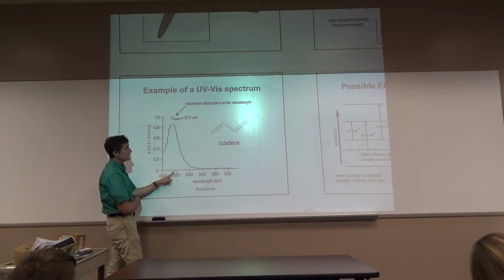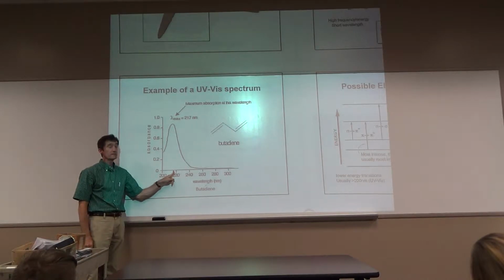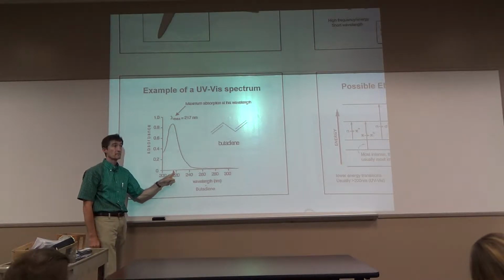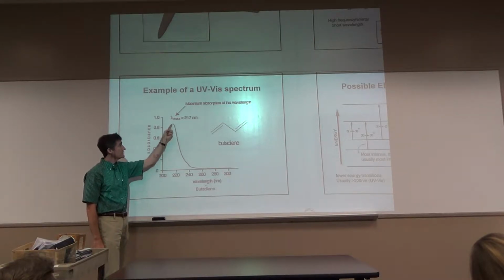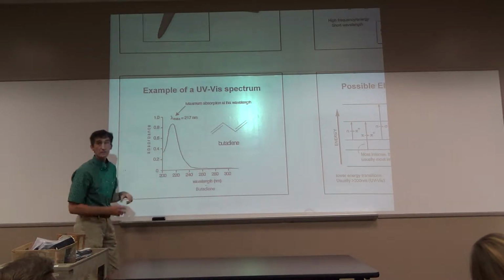Just below 220. Well, the answer is 217. And that 217 can become a physical constant, just like a boiling point or a refractive index. This compound absorbs most intensely at 217 nanometers. Wavelength in nanometers.